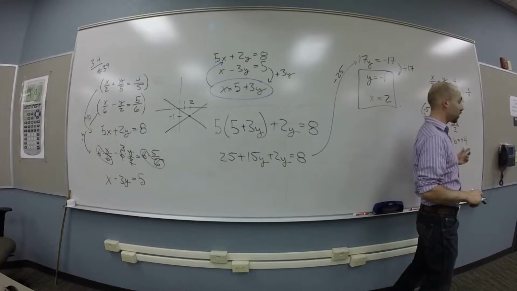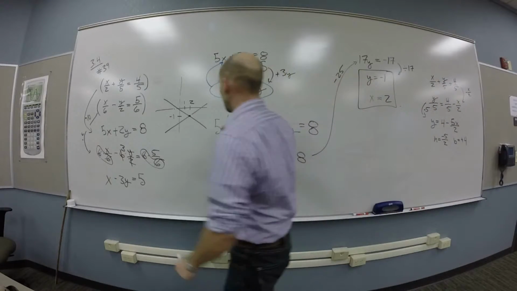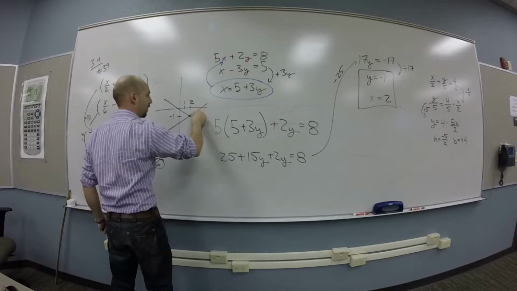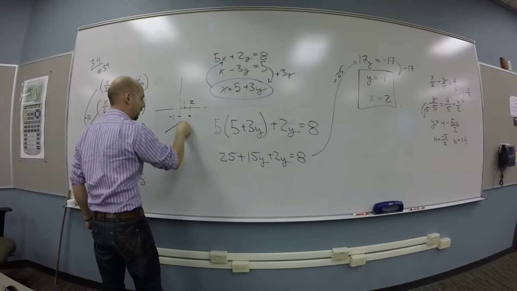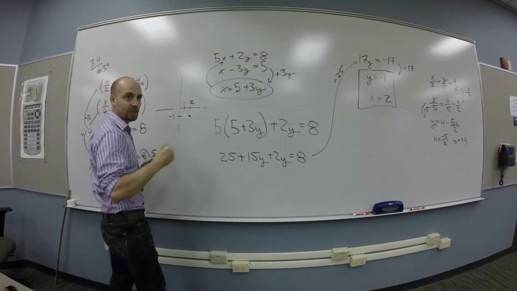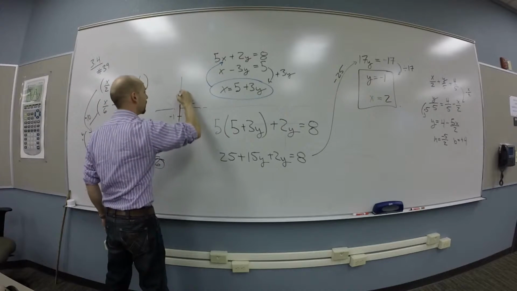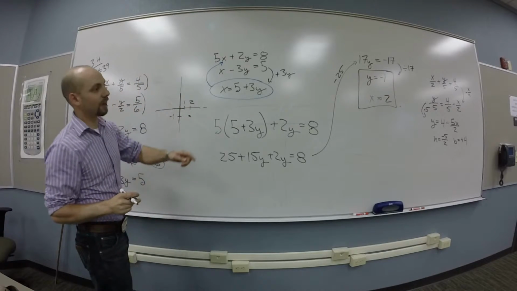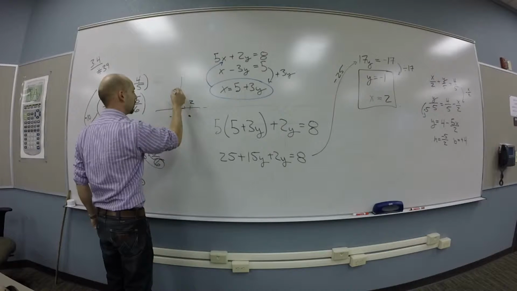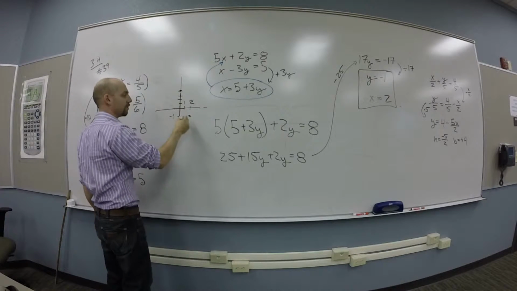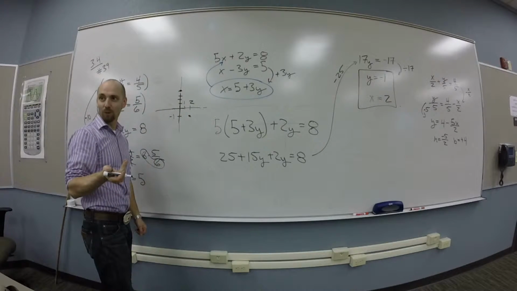So if I wanted to draw a good picture of this line, I'm leaving the intersection on there because I know where that is, right? And this line goes through, b is plus 4. So you'd start at positive 4, and I know it goes through the intersection point, right?